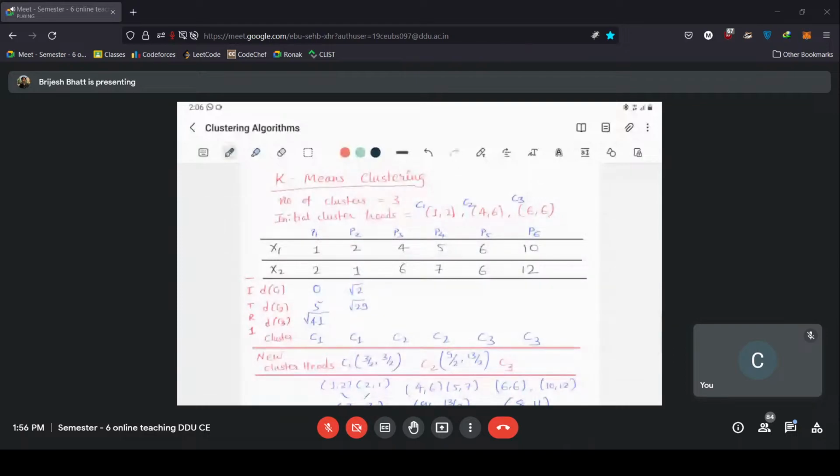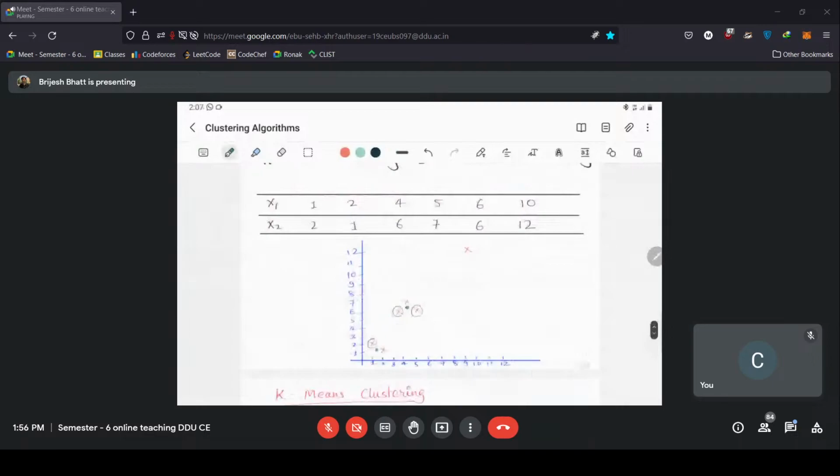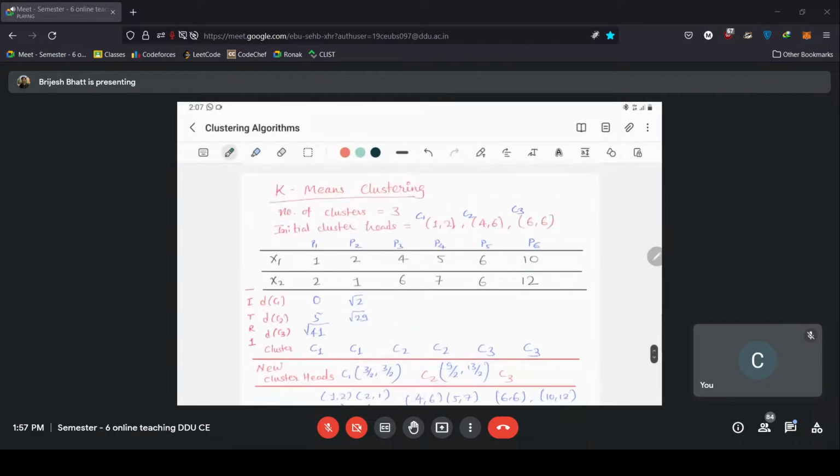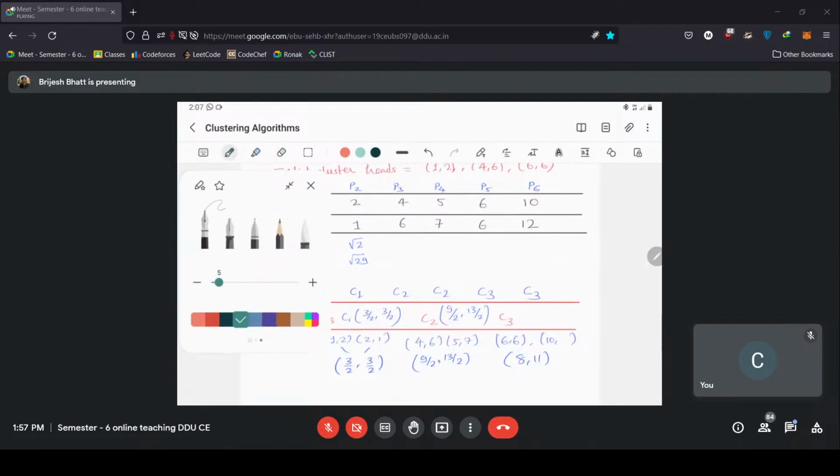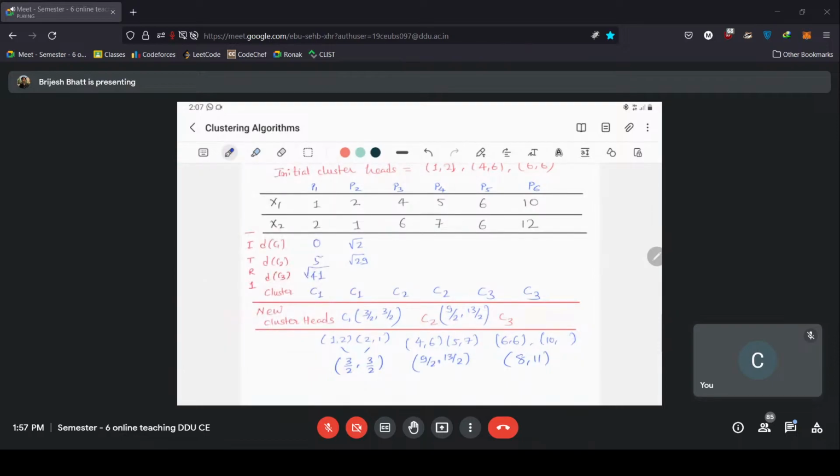It is (8, 11). Is (8, 11) correct? No, (8, 9).